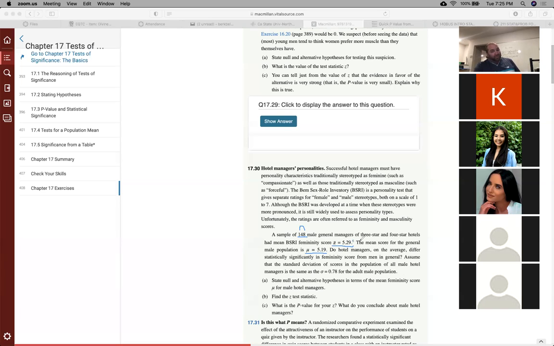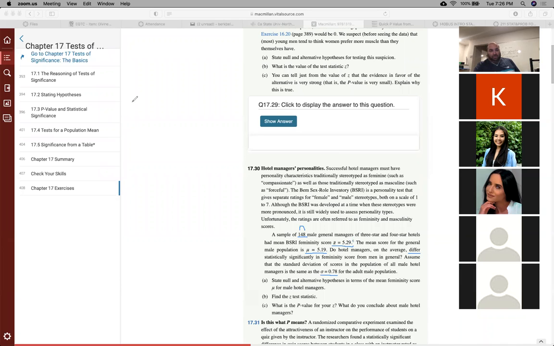Do hotel managers on the average differ statistically significantly in femininity scores from men in general? Assume that the standard deviation of scores in the population of all male hotel managers is the same as sigma equals 0.78 for the adult male population.